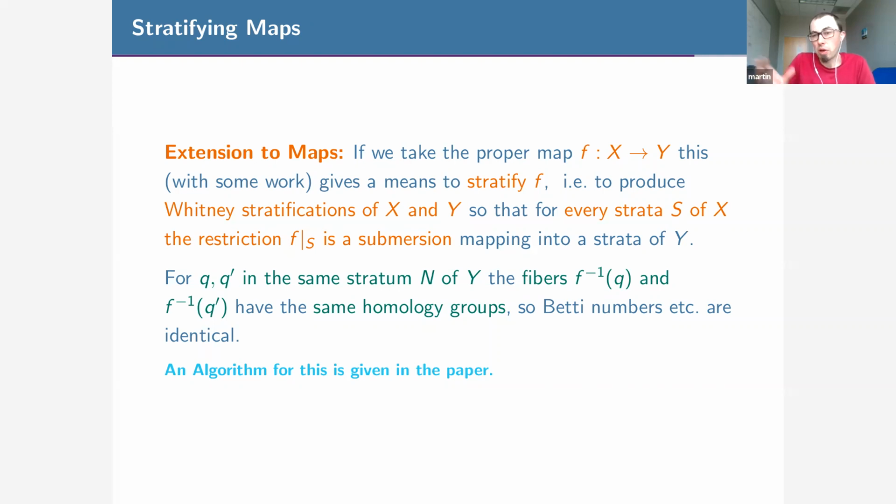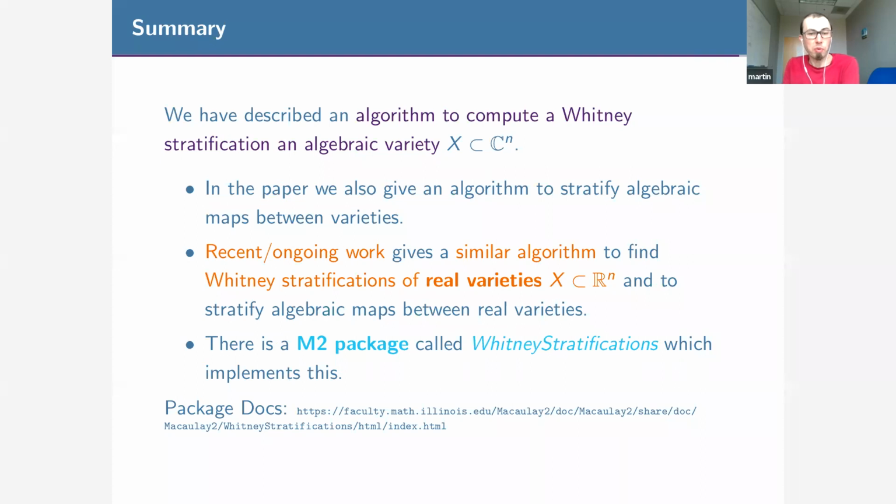They're topologically identical, essentially, with the same Betti numbers and everything. So it gives us a way to subdivide the codomain into pieces where we can be sure that the fibers over any point are going to give us something topologically similar. We also give an algorithm to do this. I won't discuss it now because it's a little bit messy, but it is there in the paper if anyone would like to read about it.